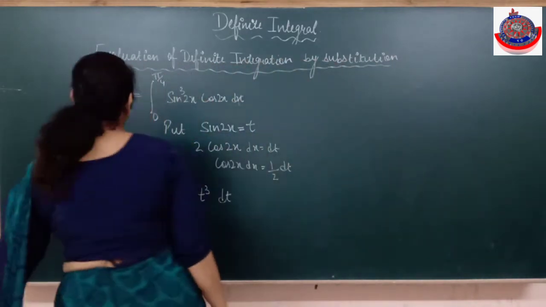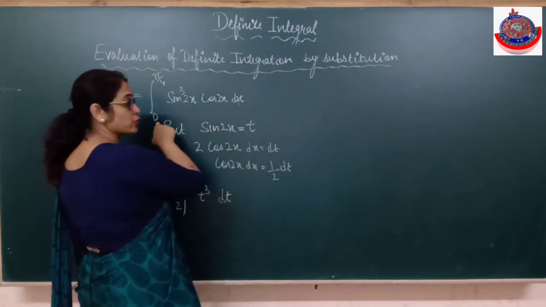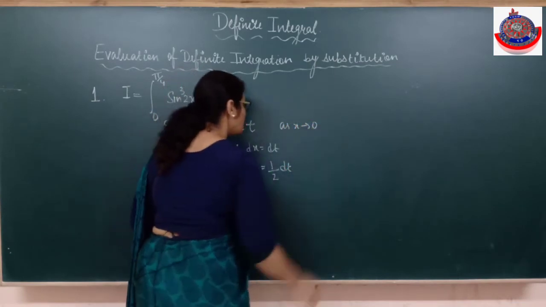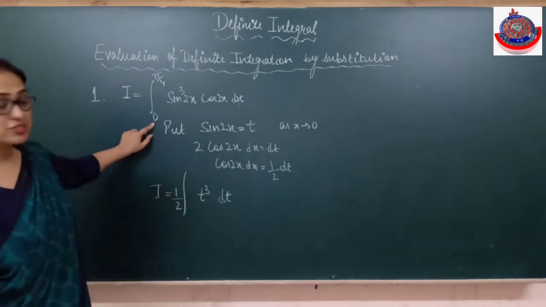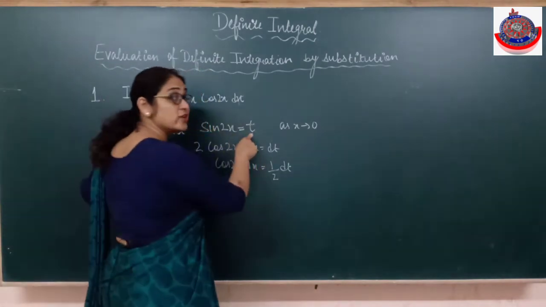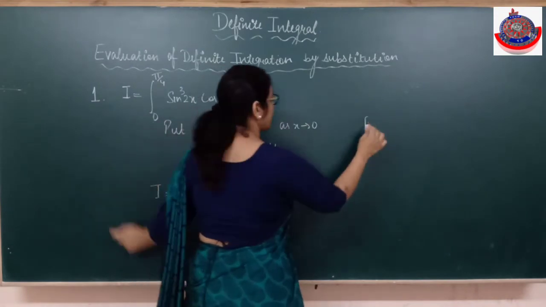See how. First, as x approaches 0, the lower limit. You have done the chapters of limits also. Put x in here, and the value of t that comes will become the lower limit.